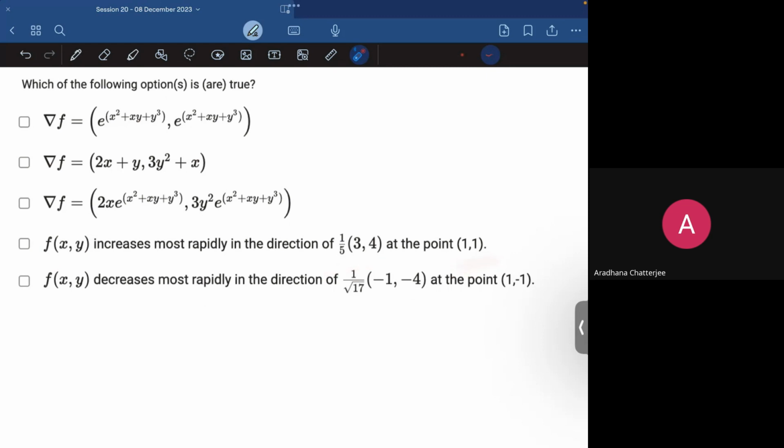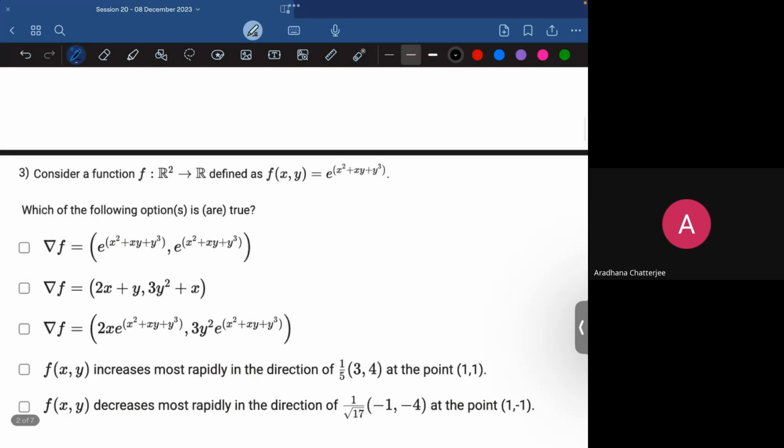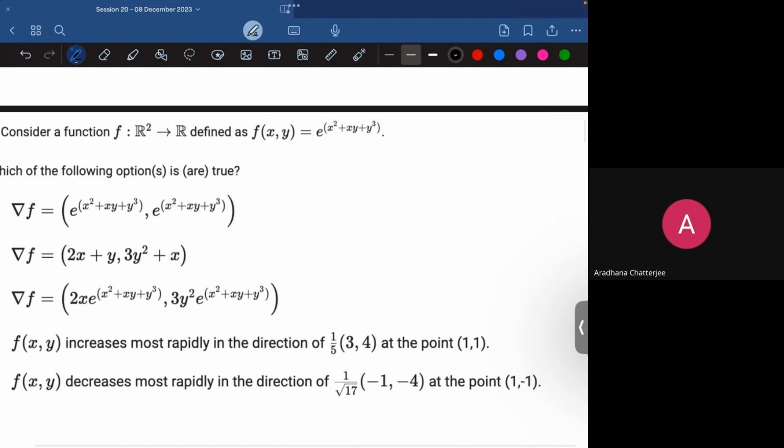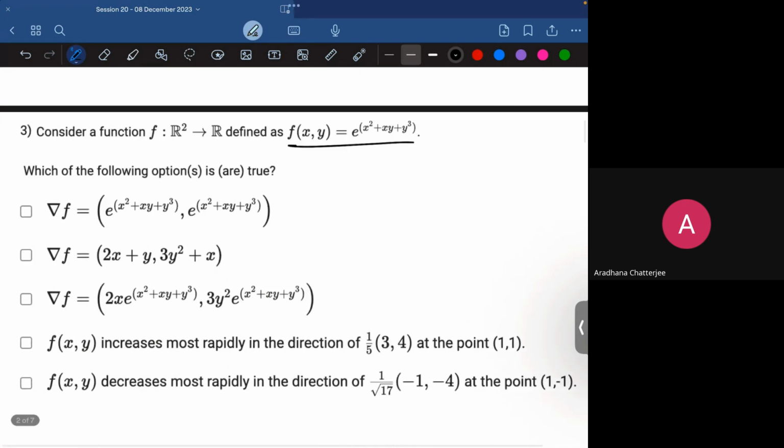So first step is to calculate the gradient. Okay, so let's do that. For this particular function, we want to compute the gradient. So gradient is basically a vector, right? Here, because we just have x and y, it's a vector where the first element is the partial derivative of f with respect to x, and the second element is the partial derivative of f with respect to y.